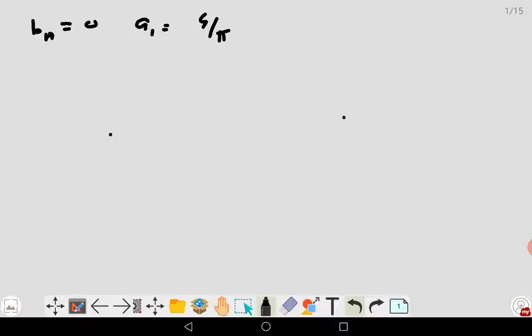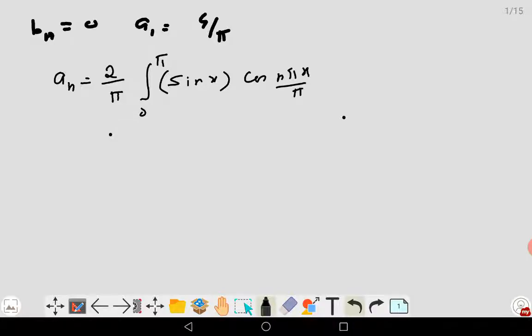Okay, the other part of this problem is to find an. The formula is 2 over pi, because p is pi, from 0 to pi. In this interval, function is sine x, and function along with the cosine n pi x over pi dx.